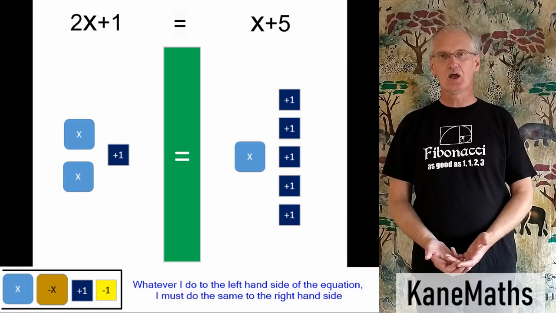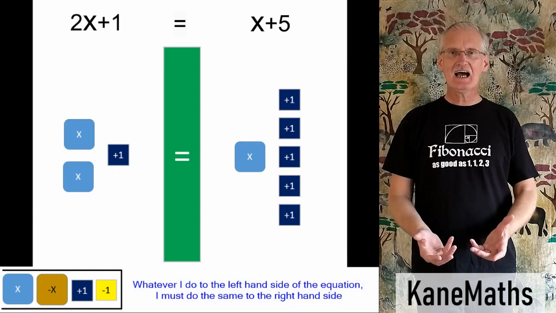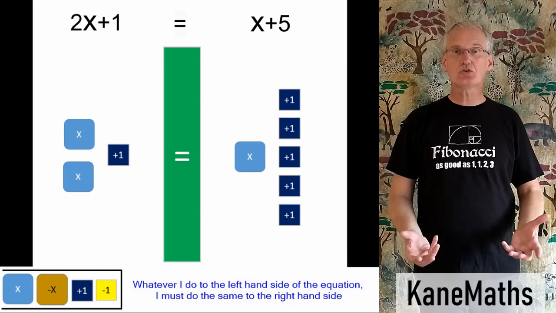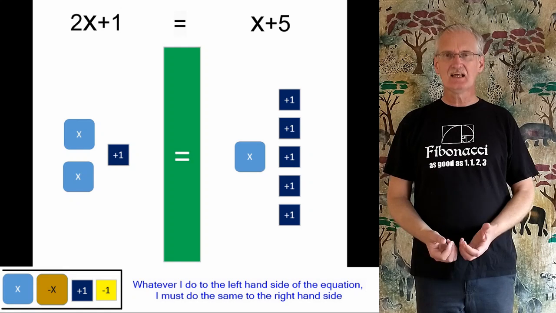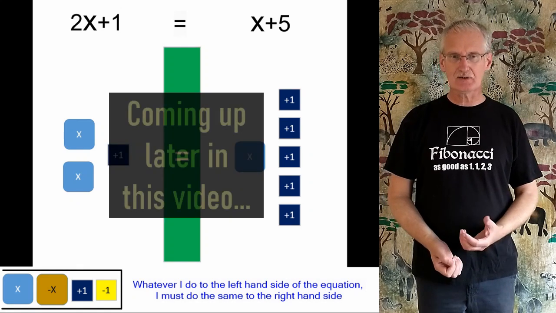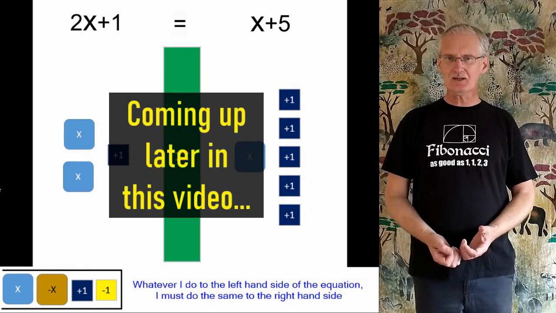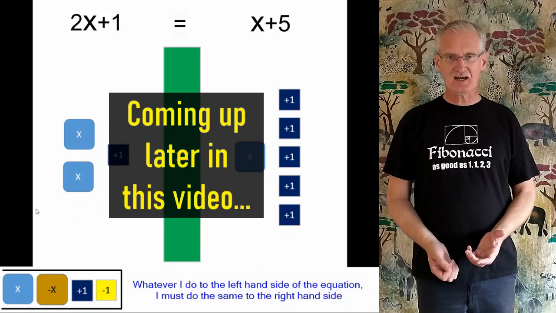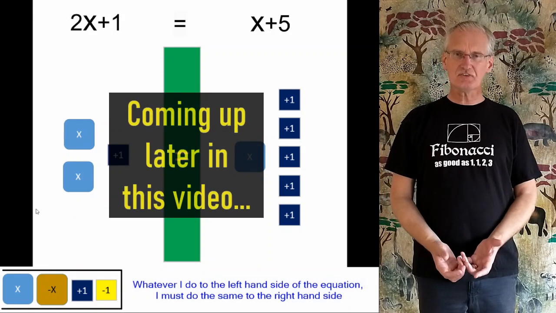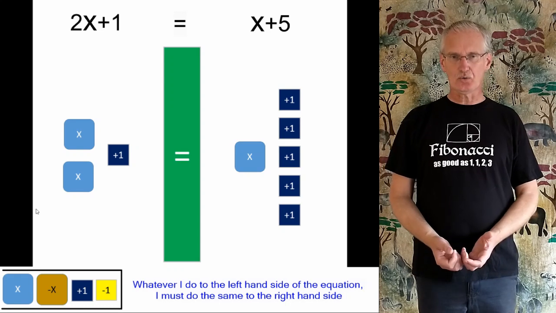In today's video we're going to be showing you how to use Algebra Tiles, a great tool for solving simple linear equations. You can see they are represented 2x plus 1 equals x plus 5, and I want to solve that equation so I get x only on one side.